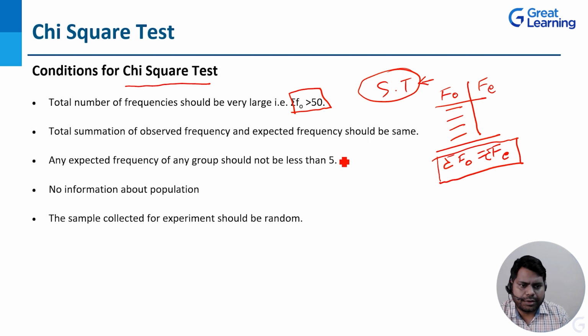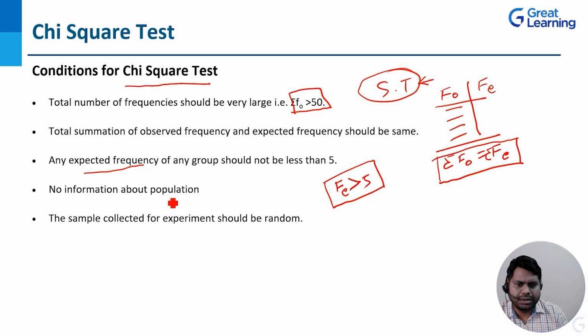Now our third condition says that any expected frequency f of e in any group should not be less than 5. So what does it mean? F of e should be greater than 5. Each value should be greater than 5.